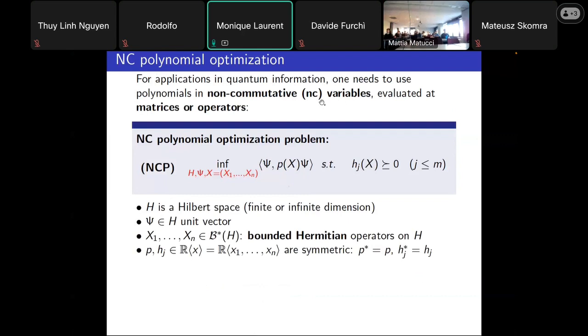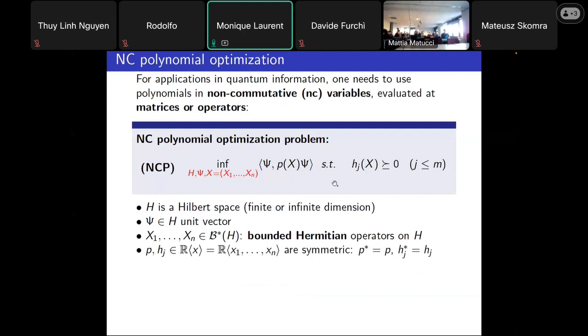We have n variables, x1 to xn, but now these variables, instead of evaluating only at scalars, like yesterday, we are going to evaluate them at matrices or at operators. So this is why these variables should be non-commutative, because the product of matrices or operators is in general non-commutative.